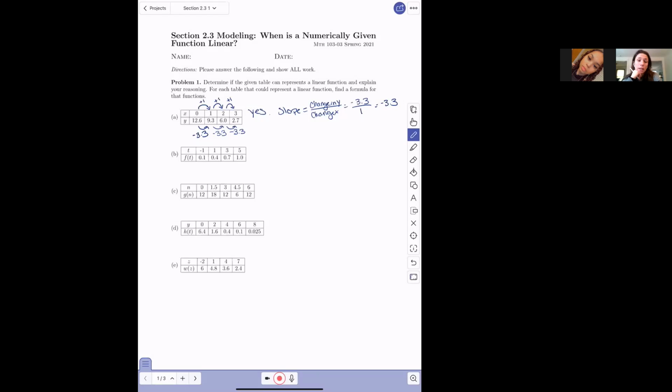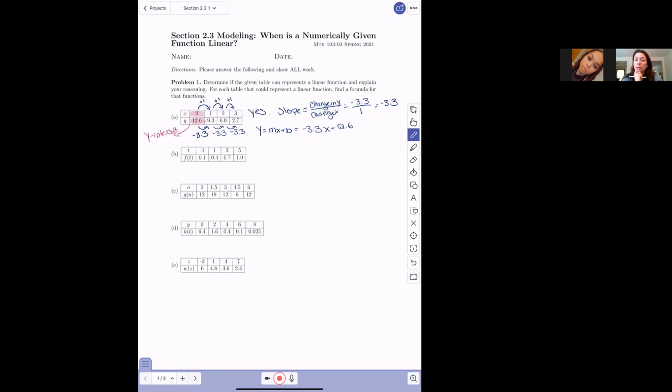We might not always know the y-intercept, but this point here is the y-intercept, or the vertical intercept, whatever way you want to say it. So you can do y equals mx plus b, which is equal to negative 3.3x plus 12.6.